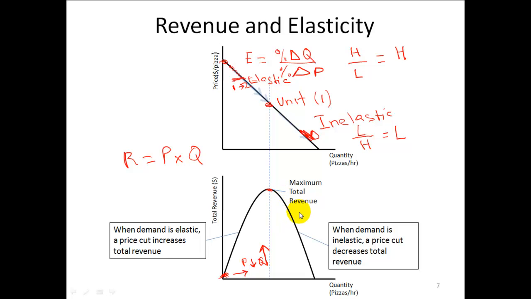That means that as price continues to go down, the quantity goes up, but by a relatively small amount. So what's going to happen to revenue if price is going down a lot but quantity is only going up a little? The revenue will start falling till we get to this point where the price is essentially down to 0.